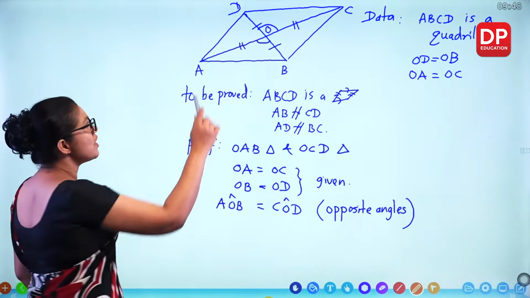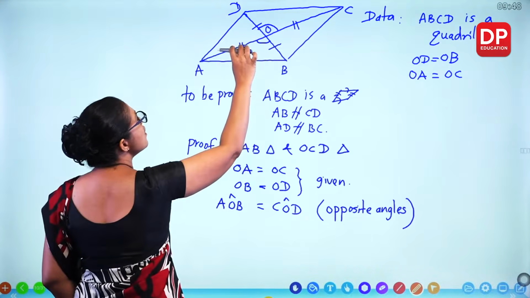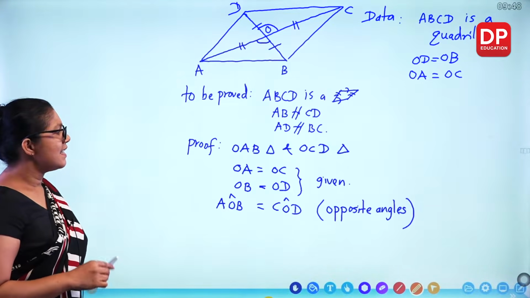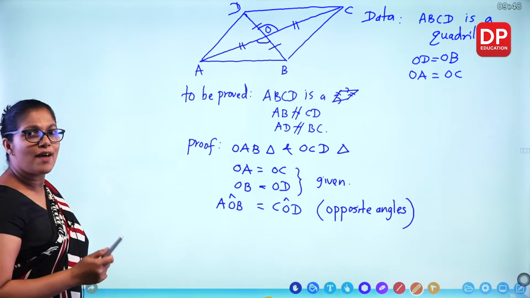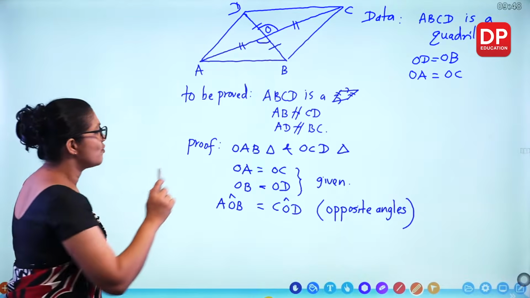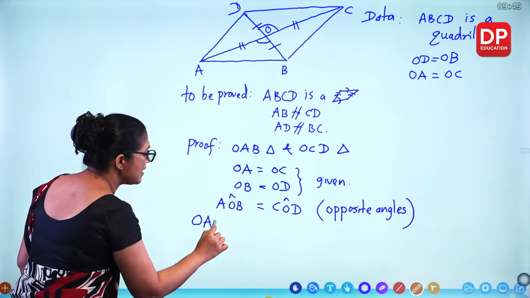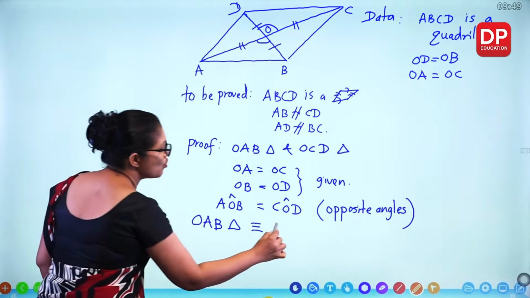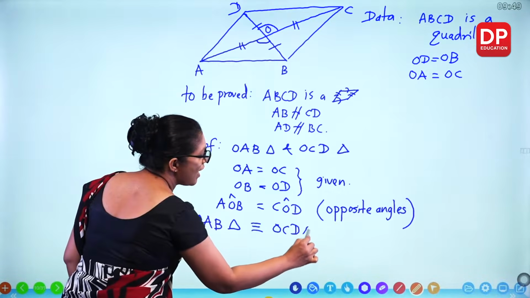Now we know when you take these two triangles, two lengths and included angle equal to the other triangle. So what can you say about these two triangles? OAB triangle is congruent to OCD triangle.